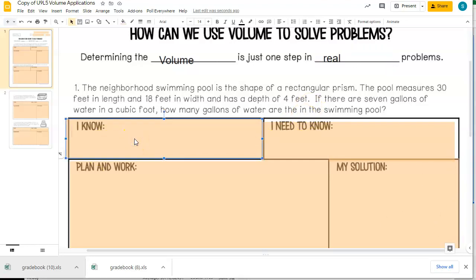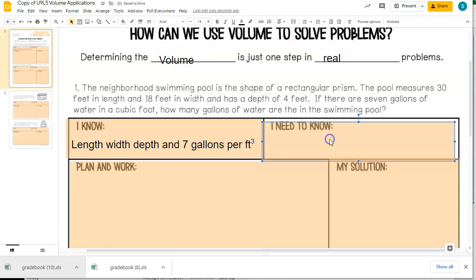Alright, so we know the length, the width, the depth, and 7 gallons per cubic foot. I need to know the number of gallons.